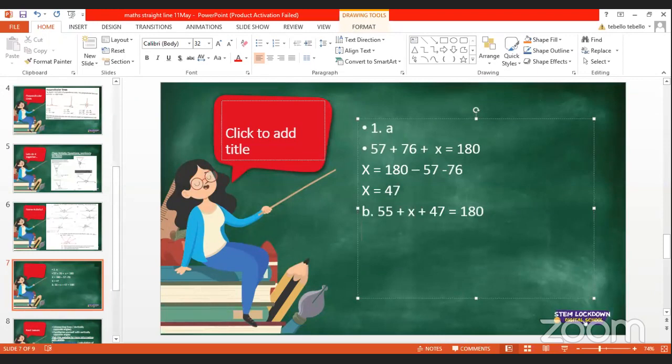Our second step will be X equals 180 degrees, subtract 55 degrees, subtract 47 degrees, and our X will be 188. So let's do our number C.